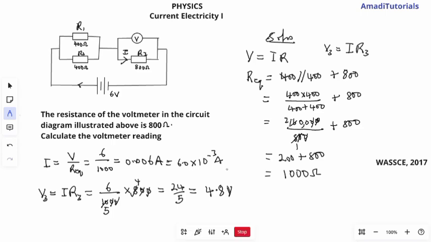So the voltage reading on this voltmeter will be 4.8 volts.